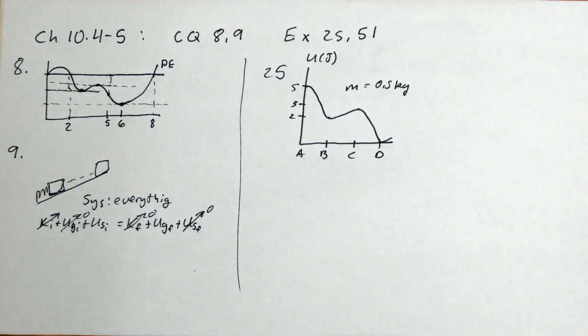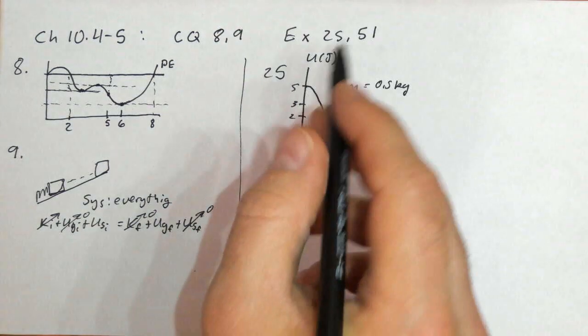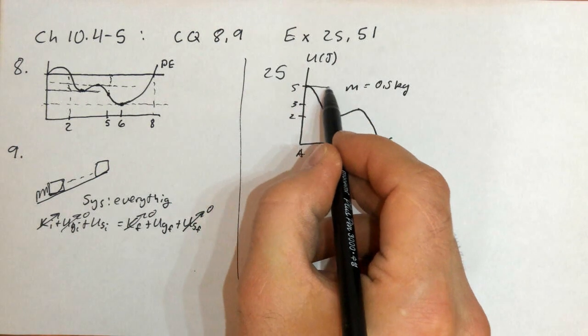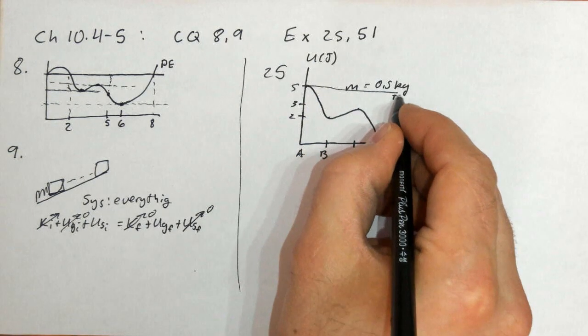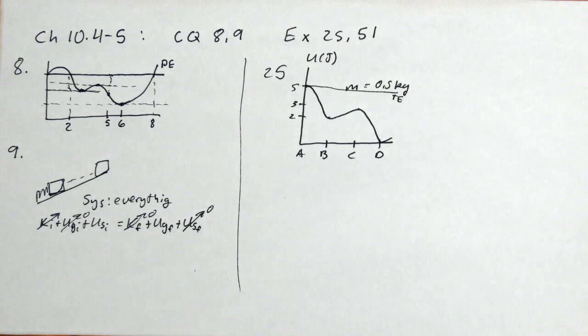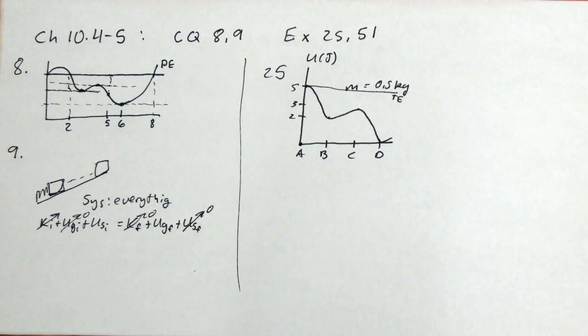So, by understanding that it starts at A with 0 speed, that means the total energy is equal to the potential energy. And so I can draw a line straight across, and that's my total energy, E total. Well, what does the kinetic energy look like? At A, the kinetic energy is 0.